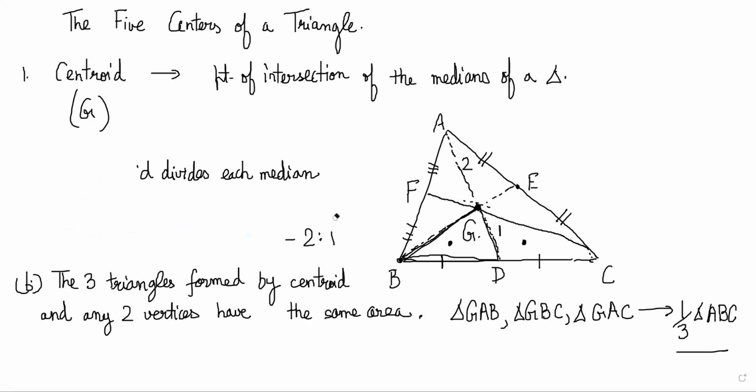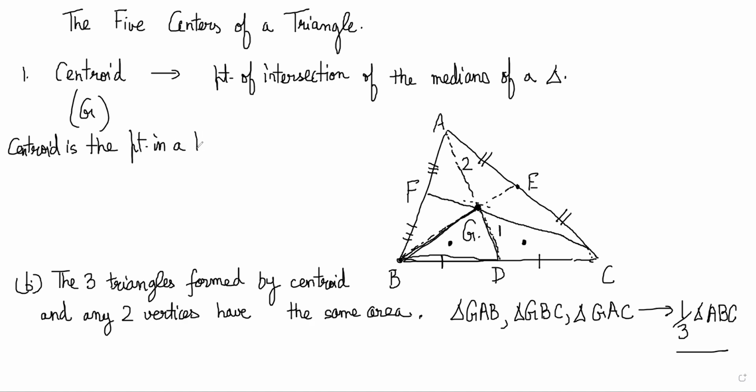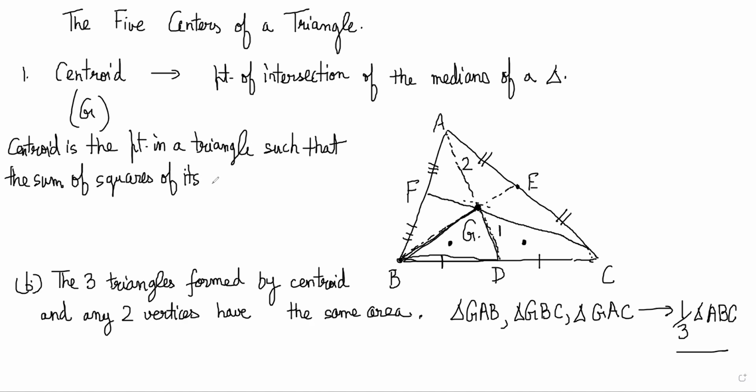It says the centroid is the point in a triangle such that the sum of squares of its distances to the three vertices is minimum.